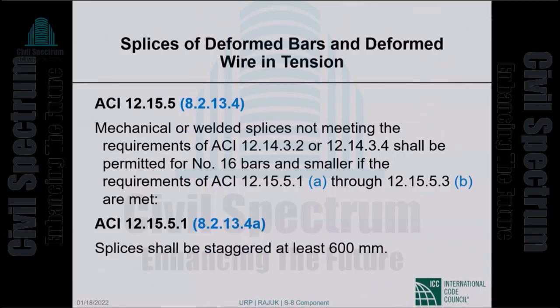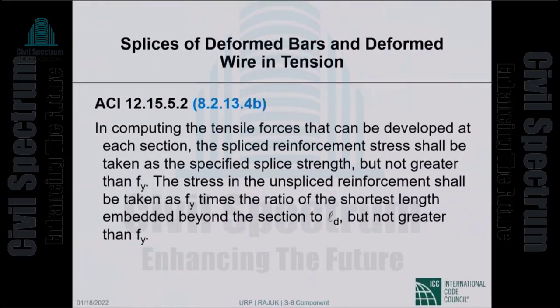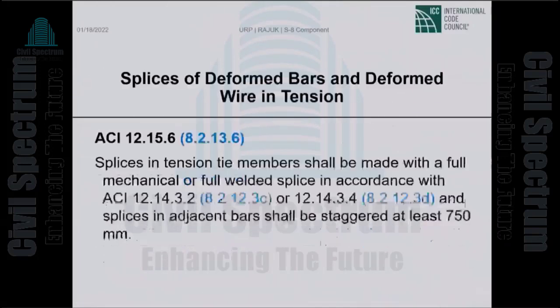Mechanical or welded splices not meeting the requirements of those two sections shall be permitted for smaller bars, number 16 bars and smaller, if three requirements are met. I don't even want to spend time on those because I would really like to discourage less than full mechanical splices. You can use them on smaller bars, provided you satisfy three requirements, and let us not spend time on those conditions.